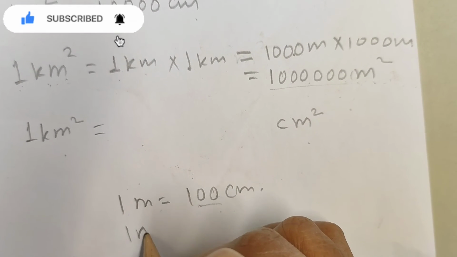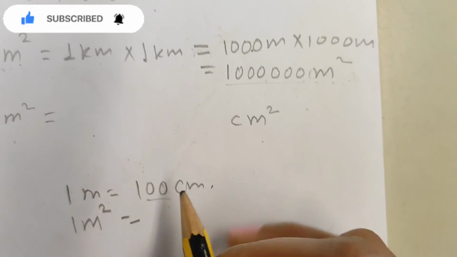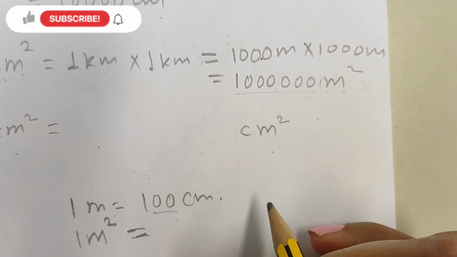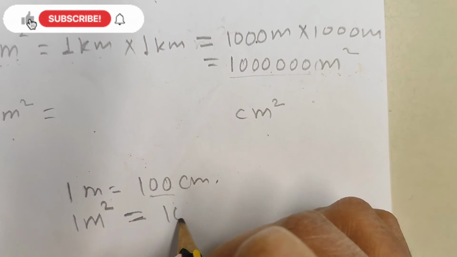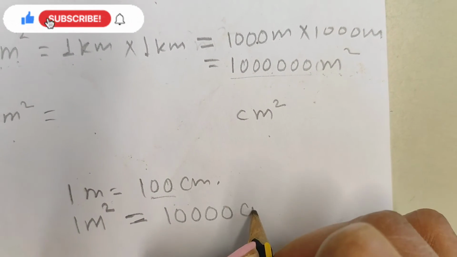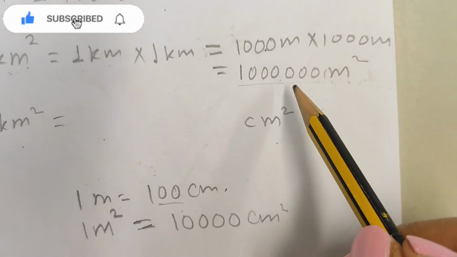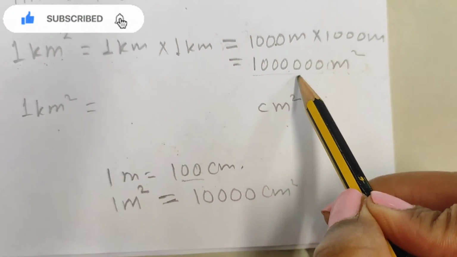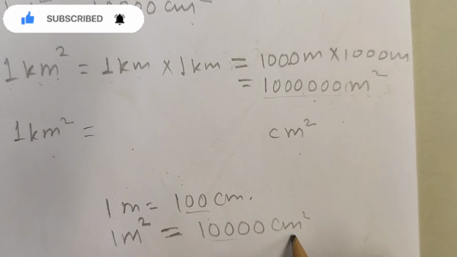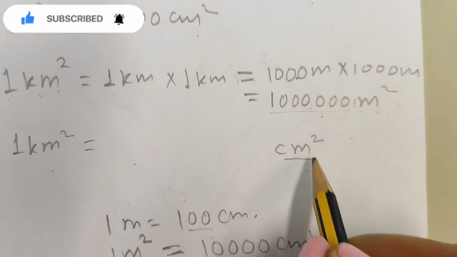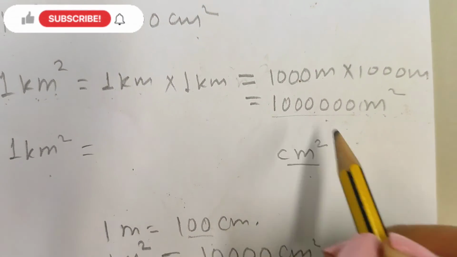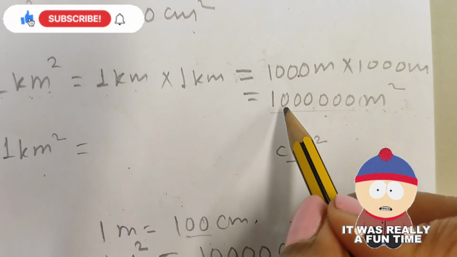But if you have meters squared, you have to add double the zeros. That means 4 zeros, and it will become centimeters squared. So whatever your answer is here, you just add 4 more zeros and you will have your answer in centimeters squared.